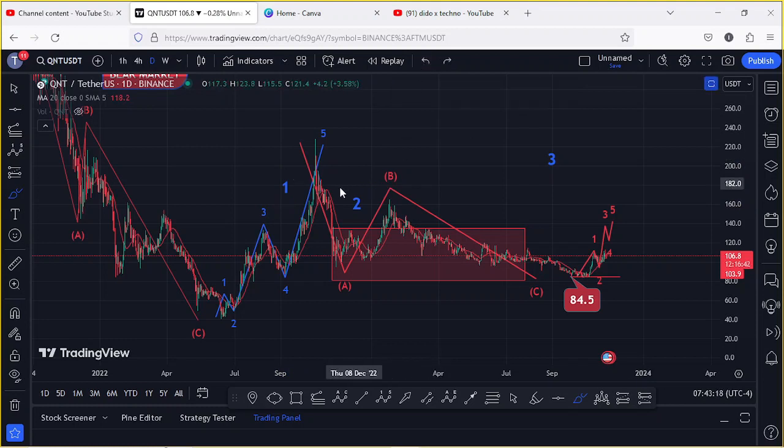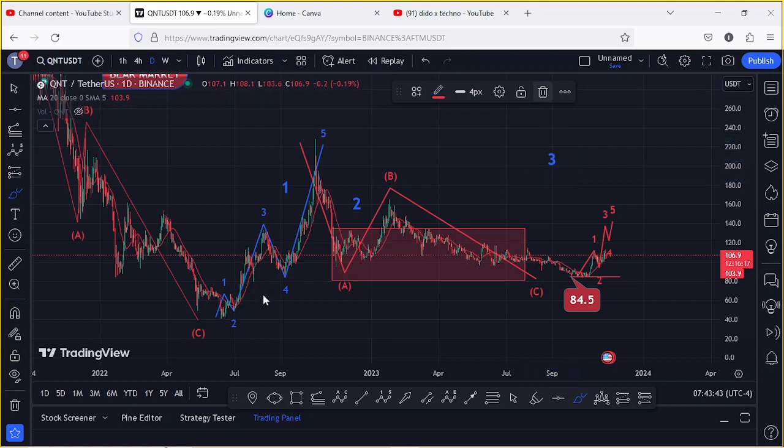And the minimum target areas for the second wave, I have highlighted them using this red target area, which is an area that we have now fully maximized, giving us a low at around the $84.5 mark. And there are high chances that we have now bottomed out in the formation of this wave 2, and QNT is now ready for a massive pump in the formation of this wave 3.